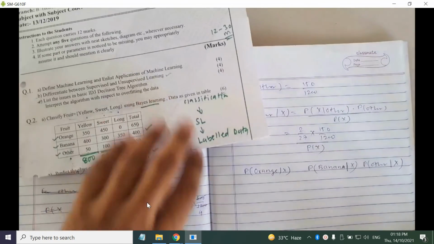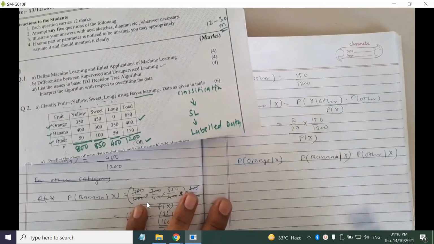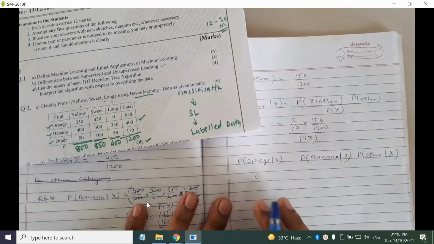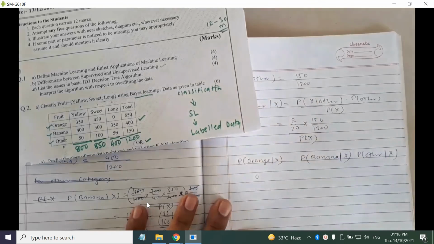Just compare their values and classify that sample. Now we know that the value of this is 0. As every term has the same denominator, we can ignore that.